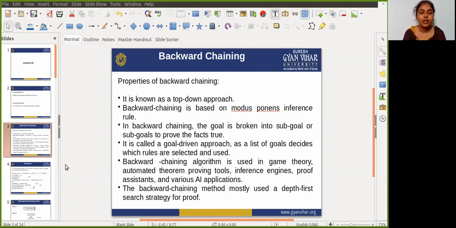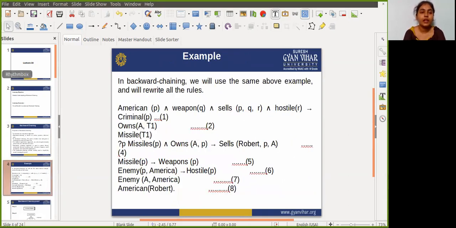For example, in the last lecture we took an example, right? We took an example that as per the law, it is a crime for an American to sell weapons to a hostile nation. Okay, so country A, an enemy of America, had some missiles, and all the missiles were sold to it by Robert.